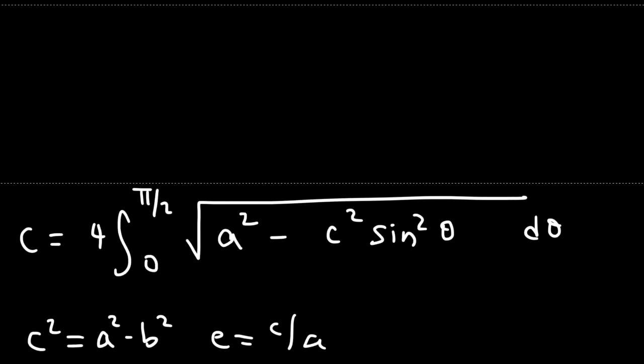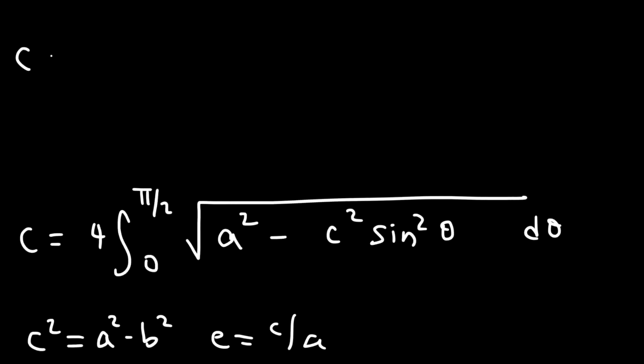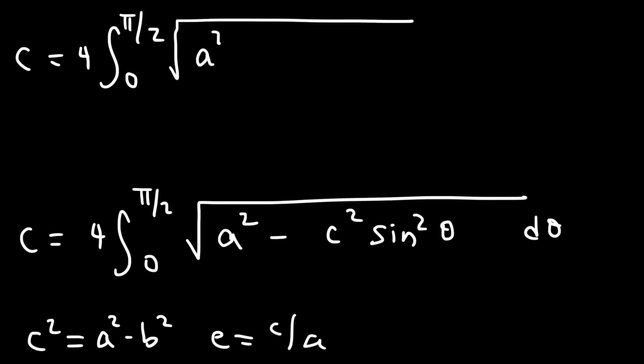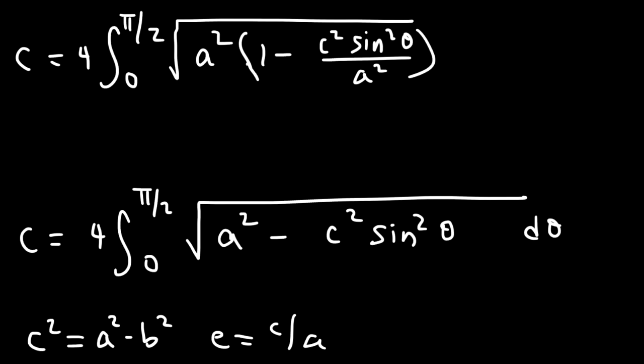So at this point, I'm going to take out an a squared inside the square root. If I factor out an a squared, I'm going to get 1. If I take out an a squared from this, it becomes c squared sine squared theta divided by a squared. And so if you redistribute the a squared, these will cancel, giving you c squared sine squared theta.